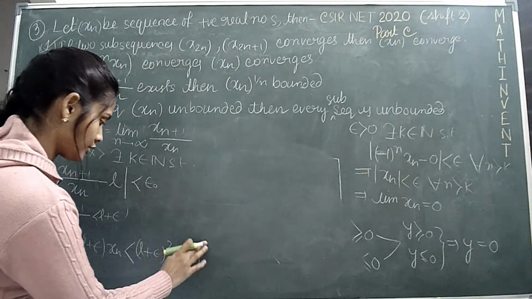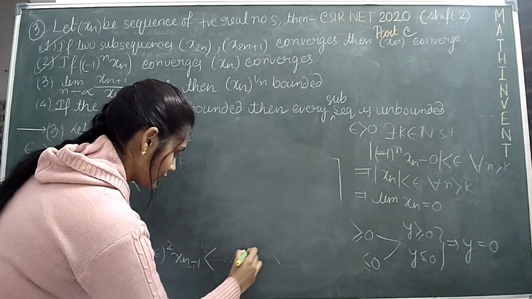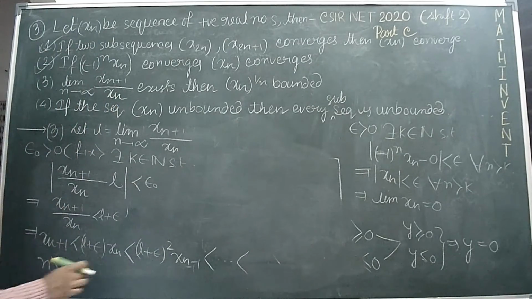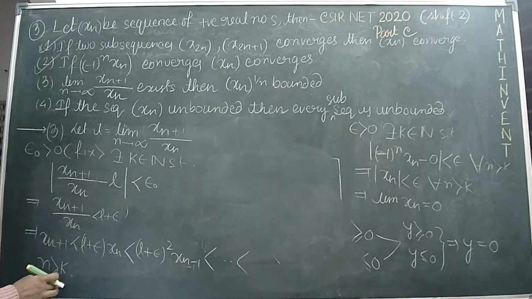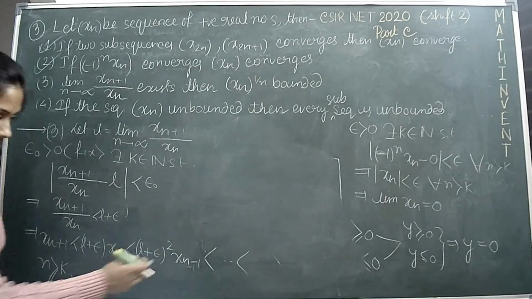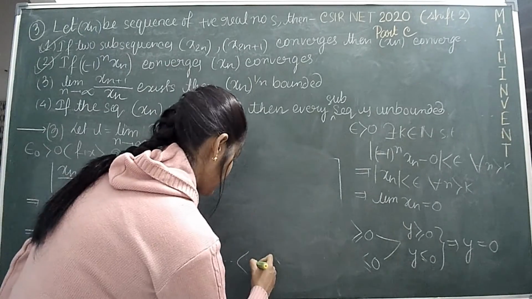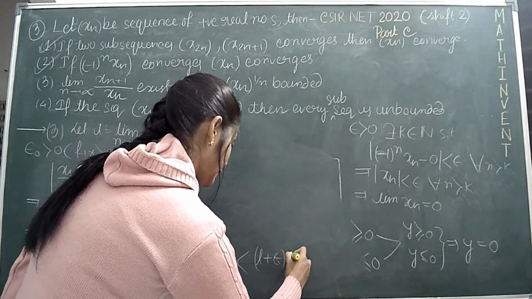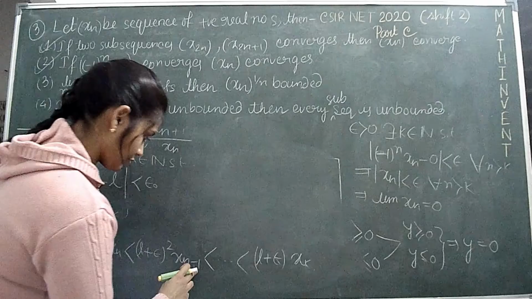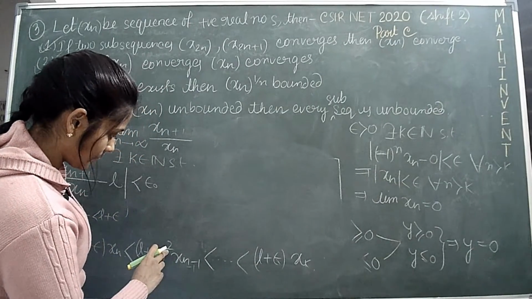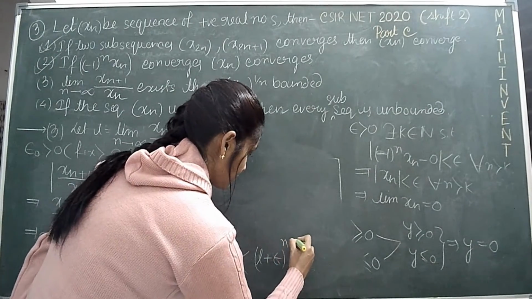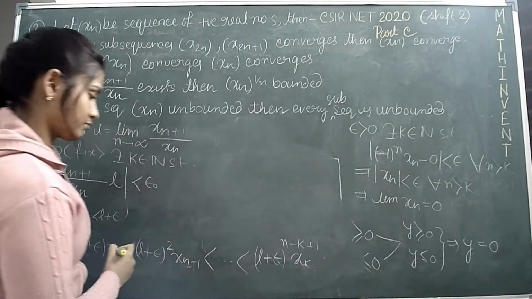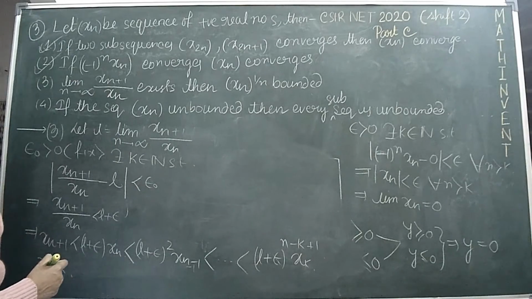Continuing in this way, this holds when n is greater than or equal to k. So we can go till k, xk. So (L plus epsilon) power n minus k plus 1 xk.